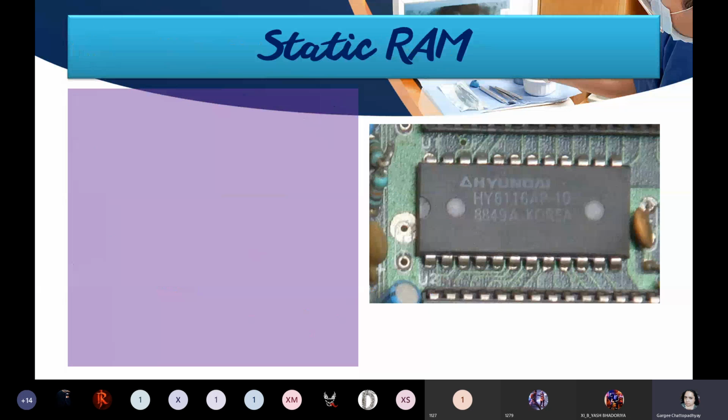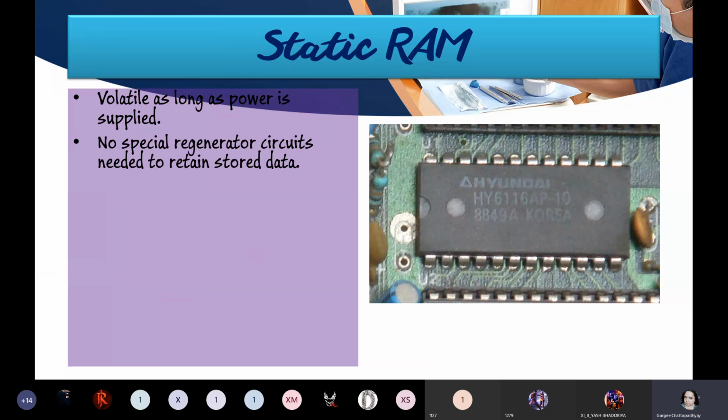But static RAMs don't need any special regenerator circuits. They are volatile as long as power is supplied. No special regenerator circuits are needed to retain stored data. Internal flip-flops are used to store binary data. Flip-flop is a special kind of circuit.